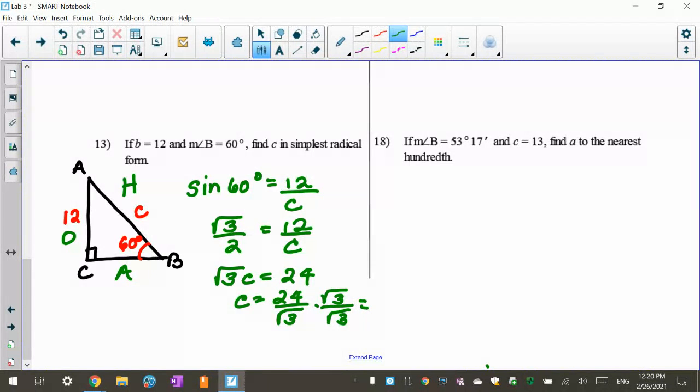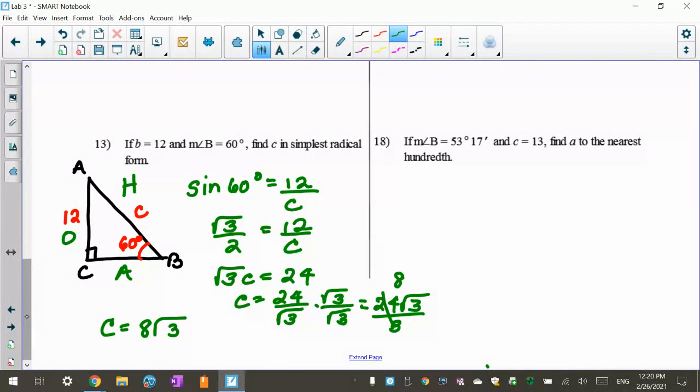That will come out to be 24 radical 3 over 3, and then the 24 and the 3 can reduce down to an 8. So c is 8 radical 3. Okay, that's how we do 13.